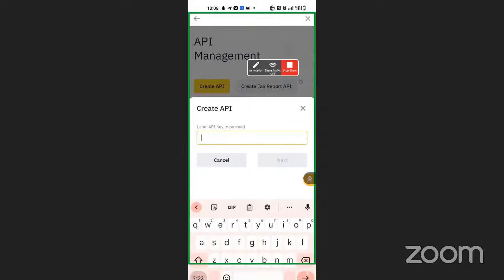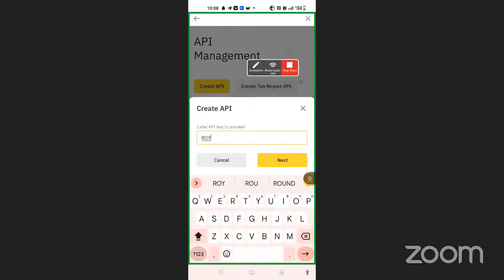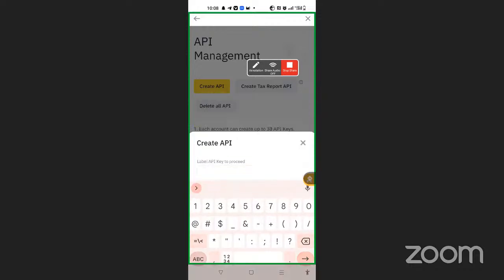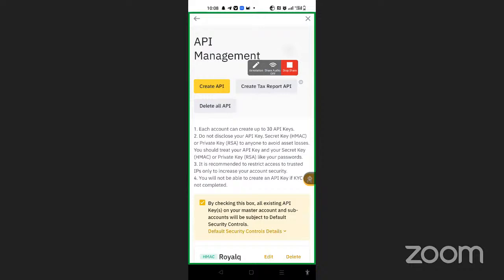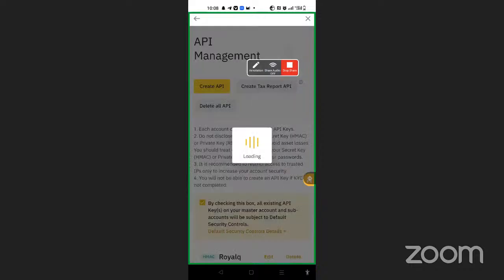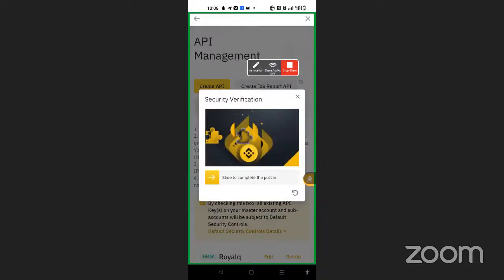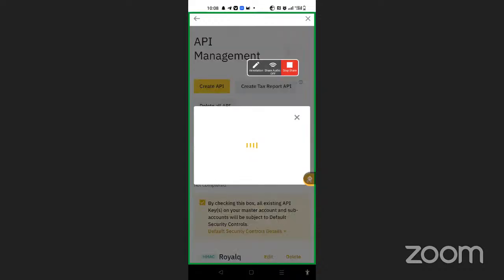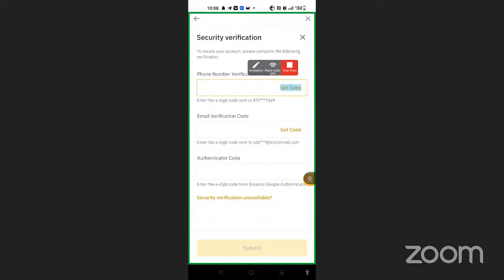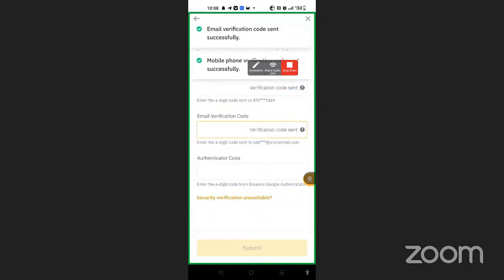You continue. You write in the word Royal Q. I will name mine Royal Q1. You tap on Next. You fill in the puzzle. You verify. Let me verify very fast.